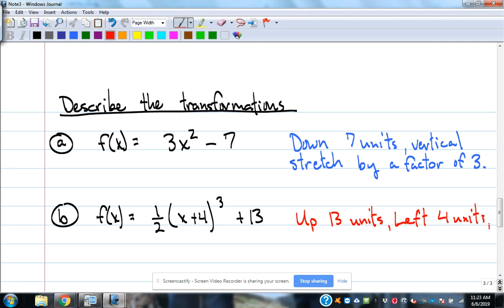One other thing to deal with there is the 1/2 that's in the front. Is that 1/2 on the outside or the inside of the function? Outside. So we know it's going to be a vertical something. Is it going to be a stretch or compression?